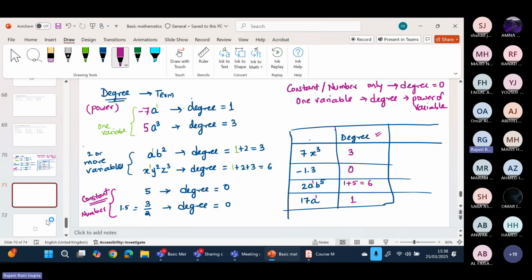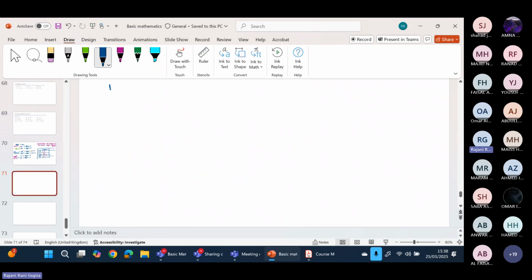Now, when we talk about a polynomial, we have more than one term. Maybe one term, two terms, or three terms. Let's talk about its degree.